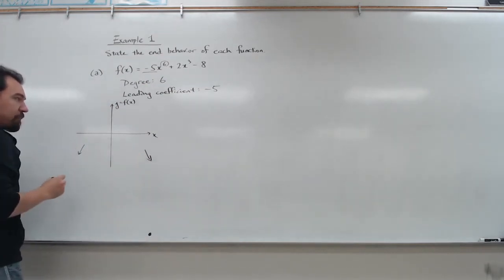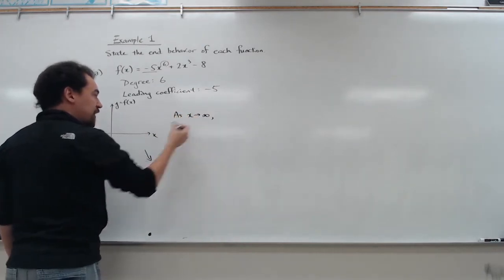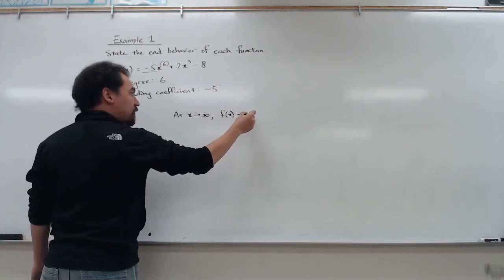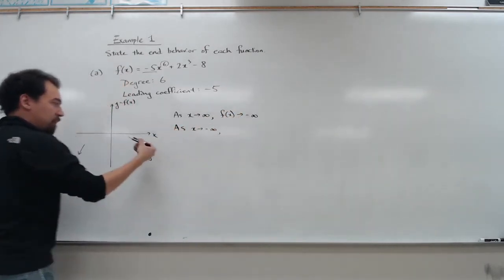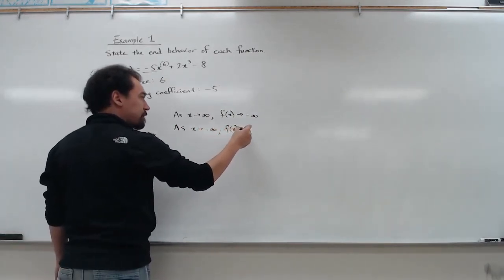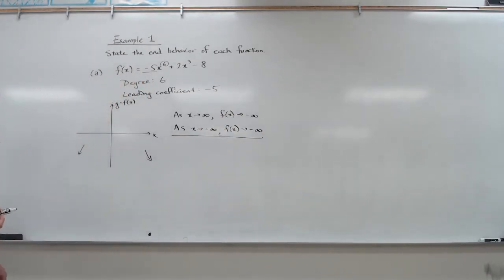And I'm going to have matching end behavior. So I would say, as x approaches infinity, that means I go toward the right, my y is going to become very negative. As x approaches negative infinity, going toward the left, my y is going to become very negative. And there we have it. This is a statement of the end behavior.